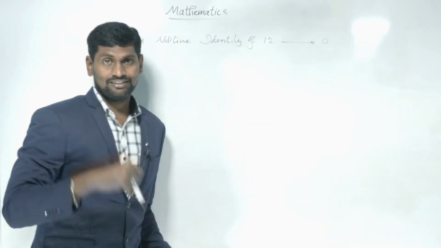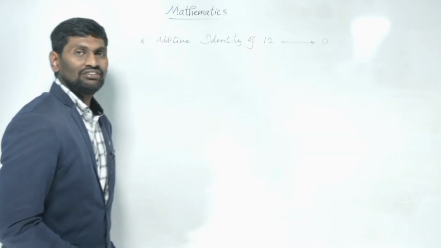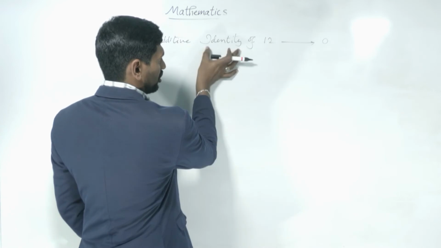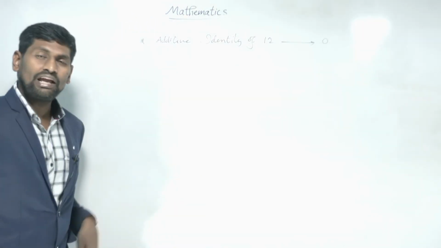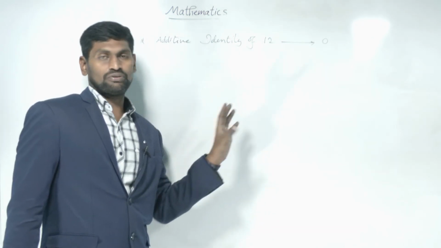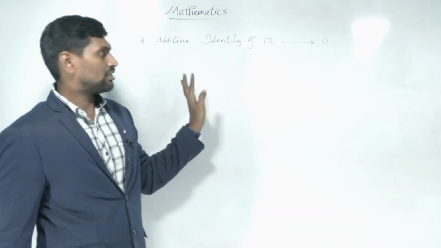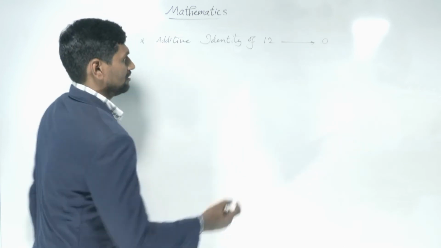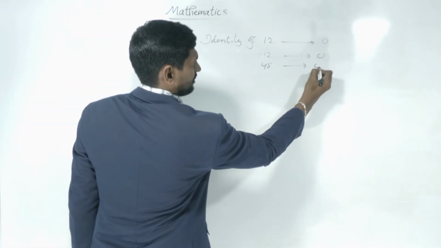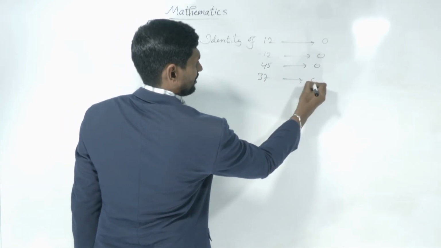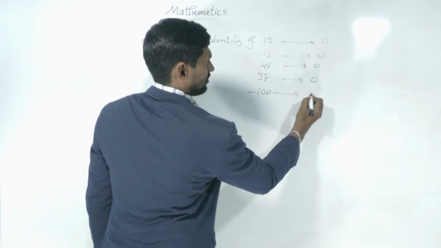Minus 12. Minus 12 is the inverse, not the identity. For any number you take, the additive identity is always 0. Minus 12, 0. 45, 0. 37, 0. Minus 100, 0.